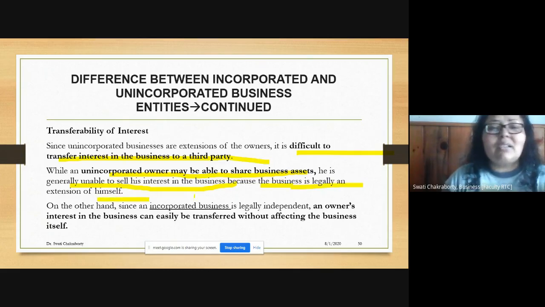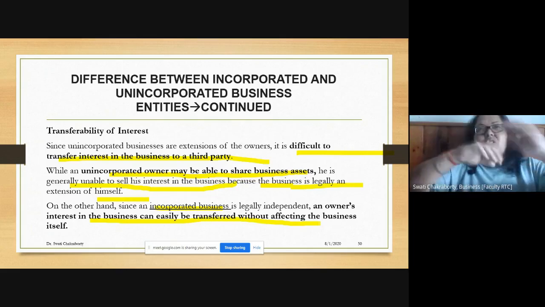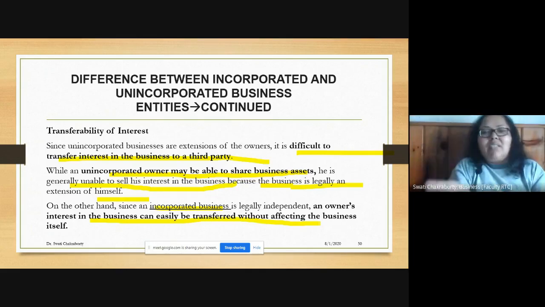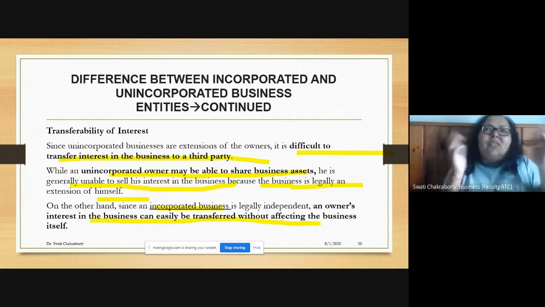Whereas in an incorporated business, an owner's interest can be transferred. You can sell your shares to some other person, because the owners are separate from the business. Unincorporated, it's your business, running under your name, and you cannot transfer it.